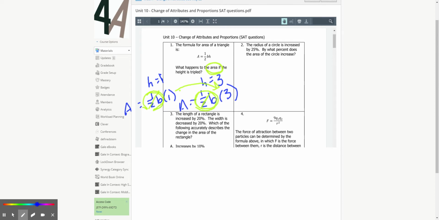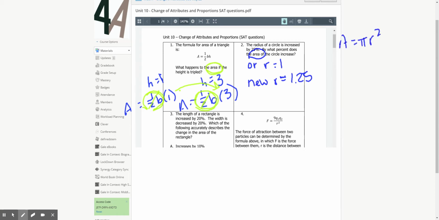And number 2, the radius of a circle is increased by 25%. So if the original radius is 1, and the new radius is increased by 25%, so that's 1.25. What percent does the area of the circle increase by? So A equals pi r squared for a circle.